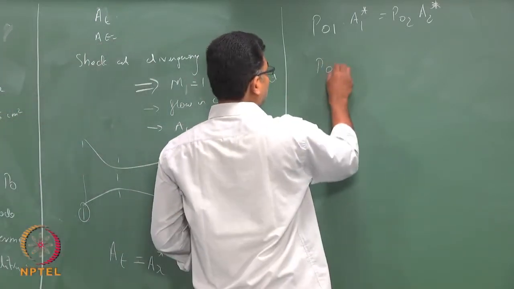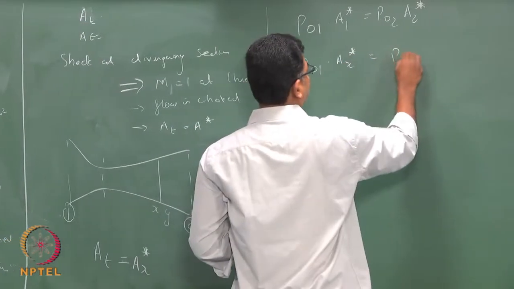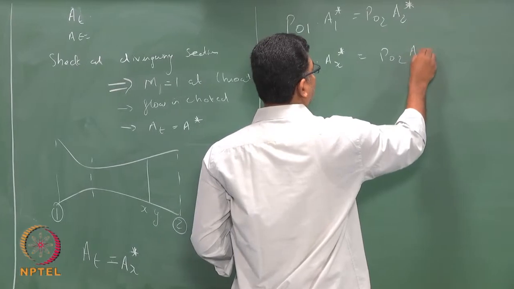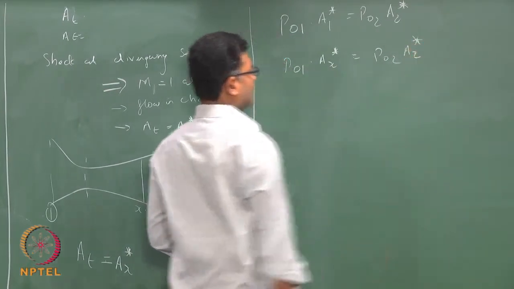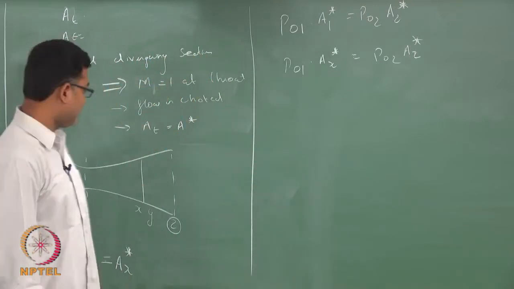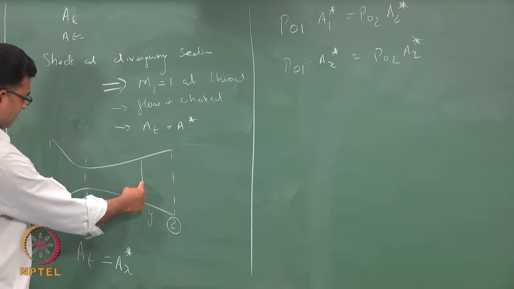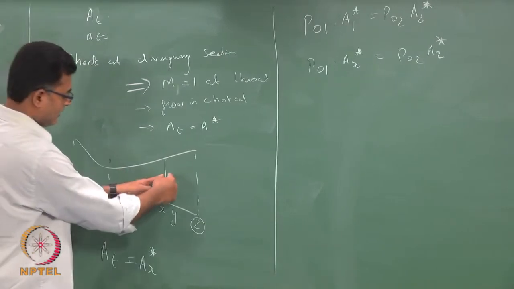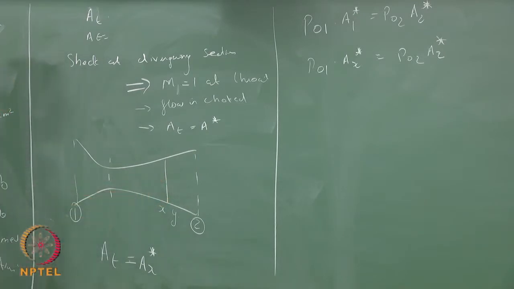So, my P01 into Ax star is my P02 into A2 star. Okay. So, what is happening here? I have an isentropic flow just before the shock, and then I have a non-isentropic flow. After that, I have an isentropic flow.